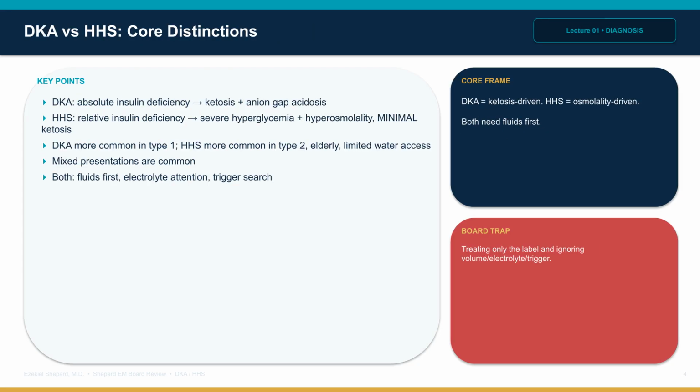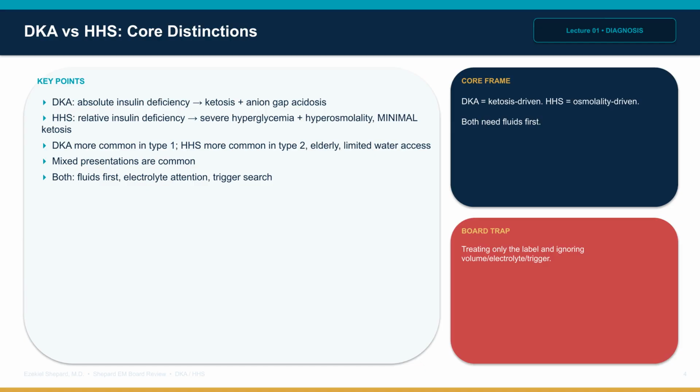DKA as well as HHS exist on a spectrum, but the boards test the core distinctions between them. DKA is absolute insulin deficiency. The patient has hyperglycemia, ketosis, as well as an anion gap metabolic acidosis. HHS is relative insulin deficiency. The patient has severe hyperglycemia, profound hyperosmolality, minimal ketosis, as well as an altered mental status without significant acidosis.